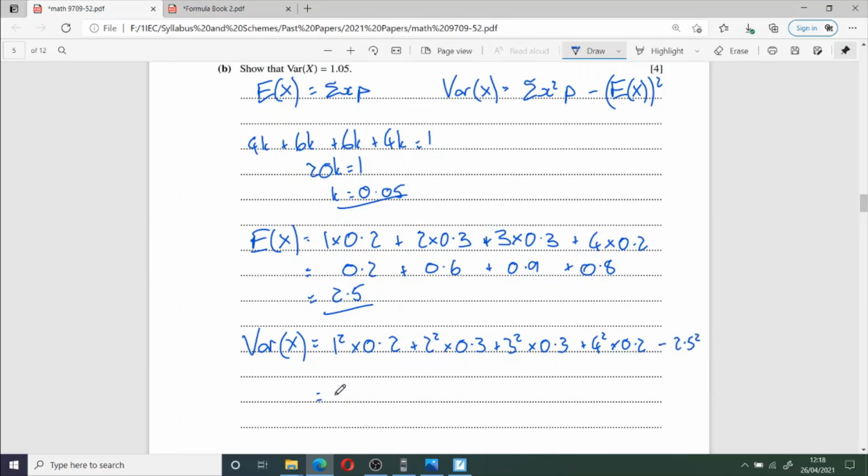So that is equal to 1 times 0.2, 0.2, plus 4 times 0.3, which is 1.2, plus 9 times 0.3, which is 2.7, and 16 times 0.2, which is 3.2.